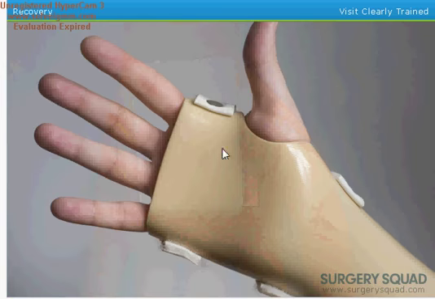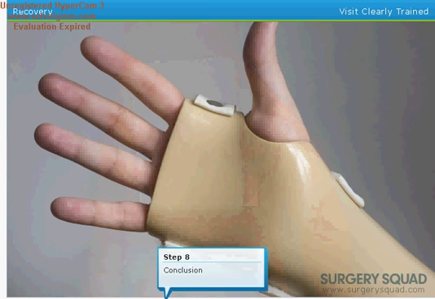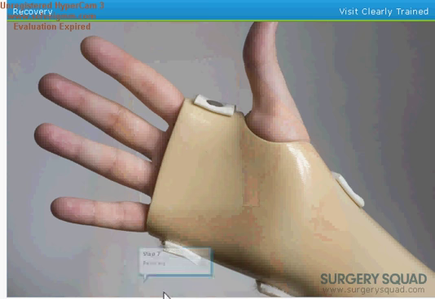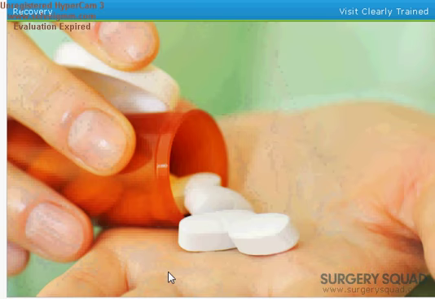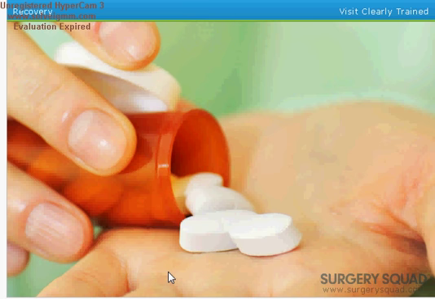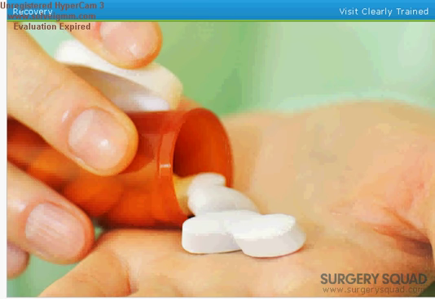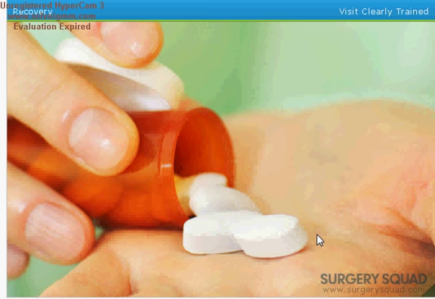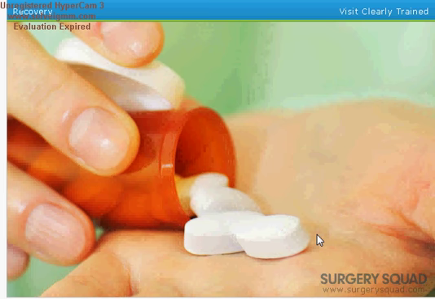We'll immobilize the wrist with a splint and a sling, and after 1 to 3 hours, our patient is sent home to recover. Our patient needs to keep in mind that because of some of the medications we used, he may experience a bit of nausea. He will also be given pain medication to help relieve the discomfort he'll feel in his wrist.